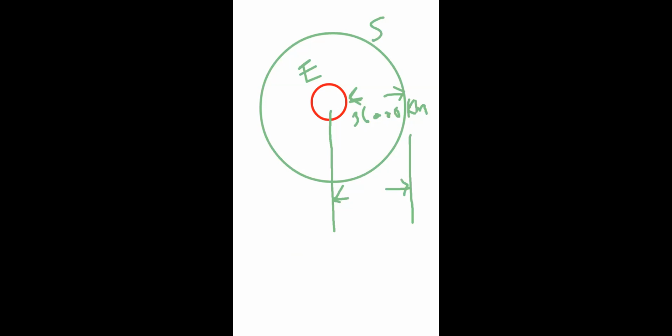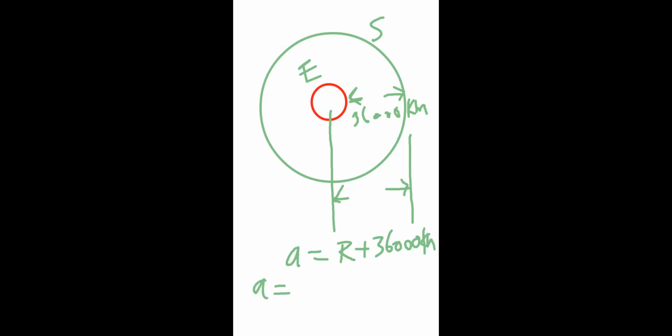So the radius of the orbit, A, is the radius of the earth plus the distance from the surface of the earth to the satellite, which is 36,000 kilometers.